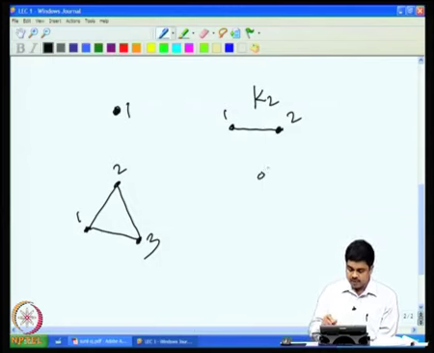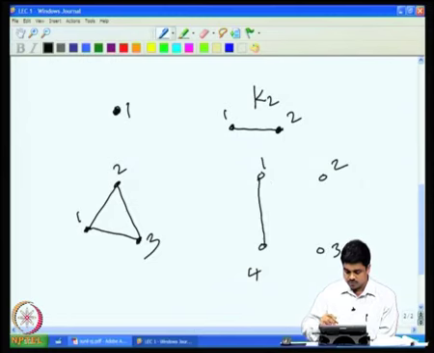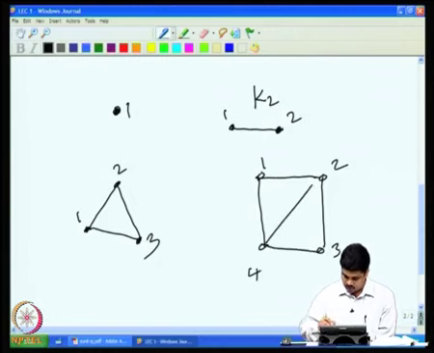How will the complete graph on 4 vertices look? I will draw 4 nodes 1, 2, 3, 4. I put all the possible edges. Because there are 6 pairs here, I have to add all the 6. This is the complete graph on 4 vertices.